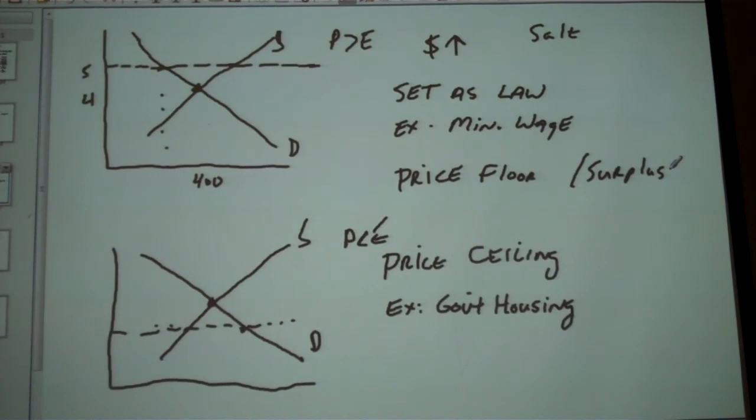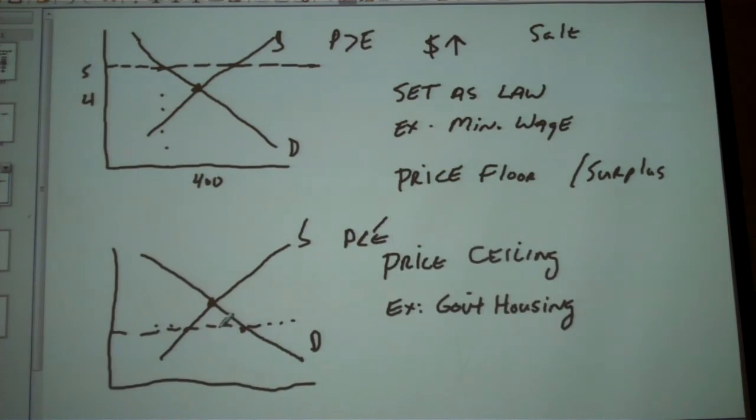And then also down below, if price is below equilibrium, you have a price ceiling set by government. Sometimes prices can't get up to equilibrium. An example is government housing. If you get some help from the government to create government housing, you have to charge a rent that is feasible for lower income people.